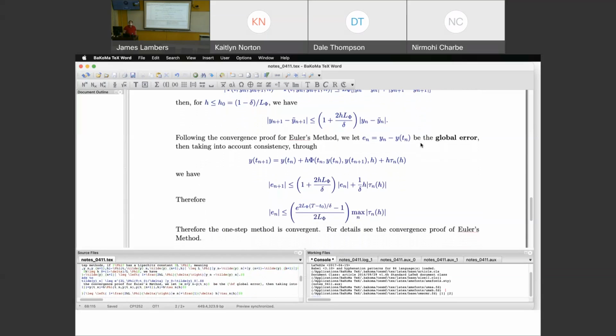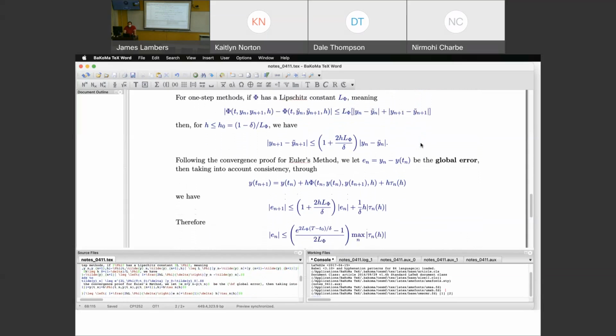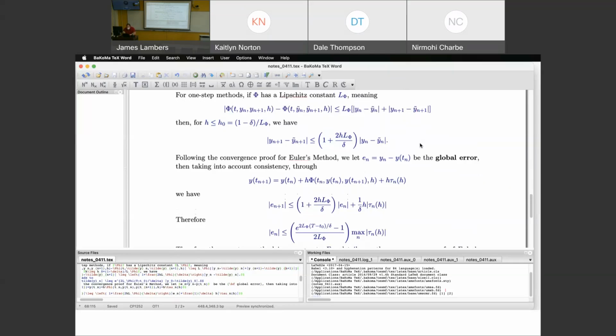Questions about this? Referring to last time's notes is useful because that shows you the algebra that was used to get from here to here. So falling back on all kinds of old things.